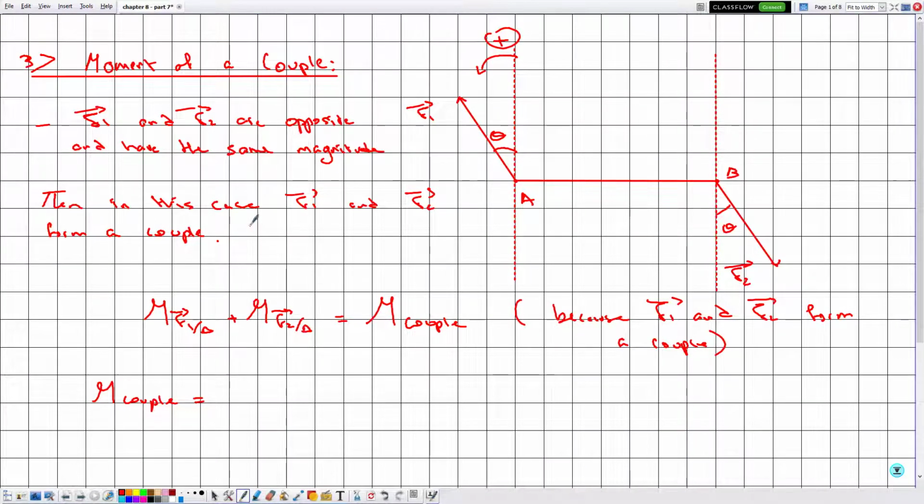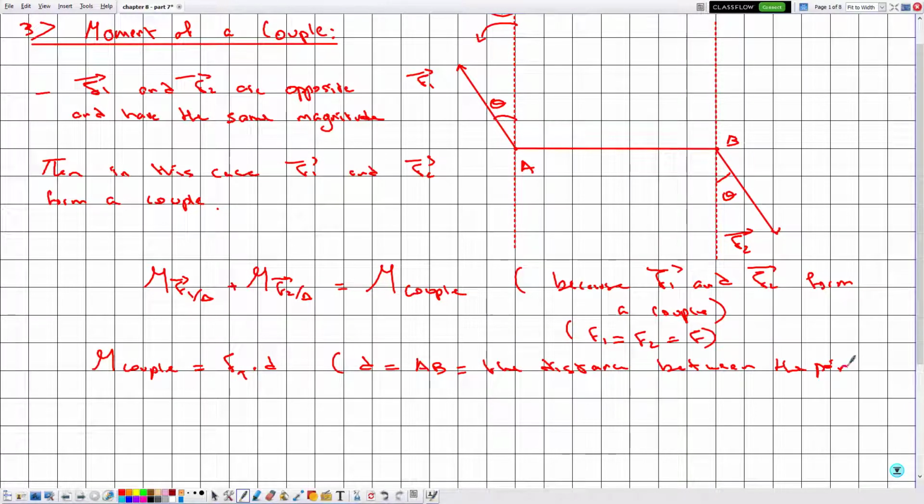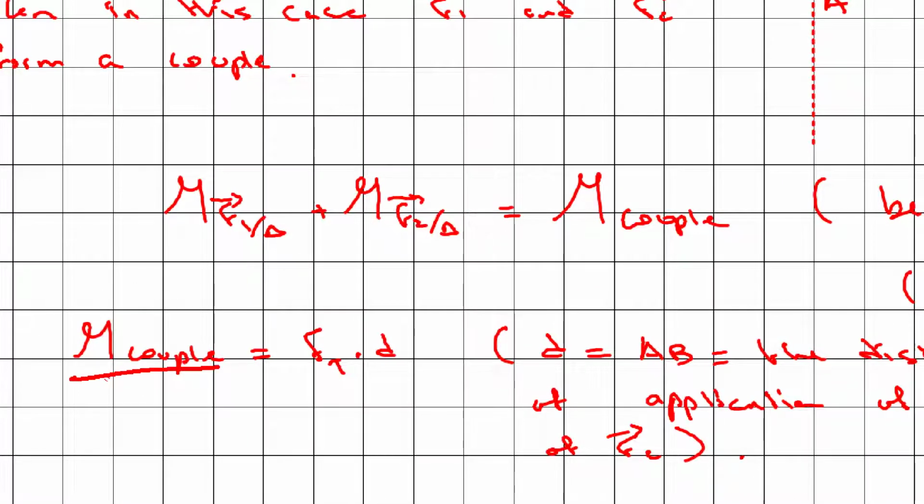Because F1 and F2 are equal in magnitude, we can say that F1 is equal to F2, which is equal to the magnitude F. So here we have F tangential multiplied by the distance D, in which distance D is equal to AB, which is the distance between the point of application of F1 and the point of application of F2.